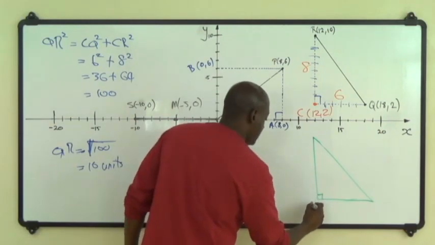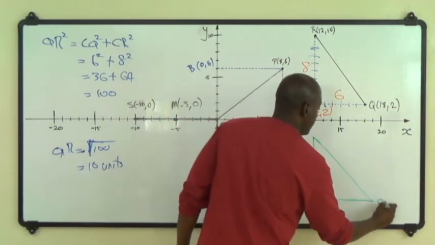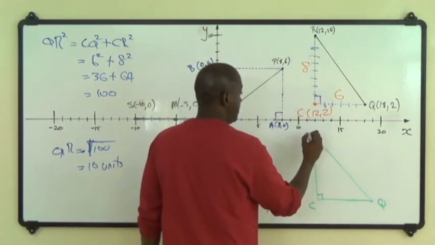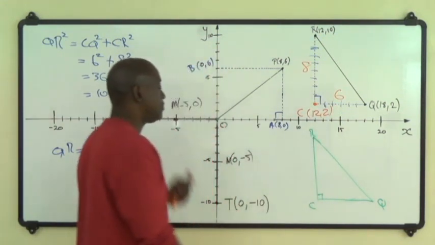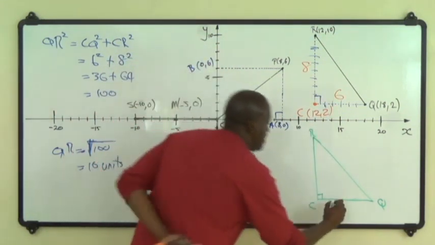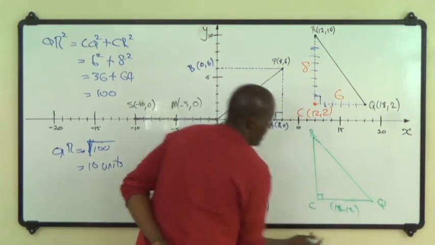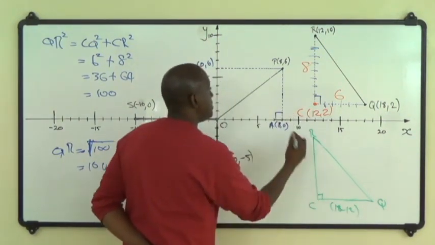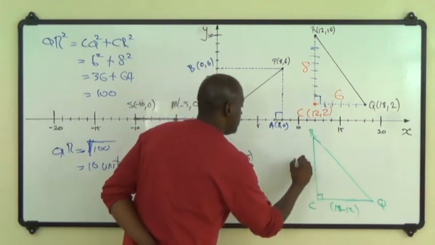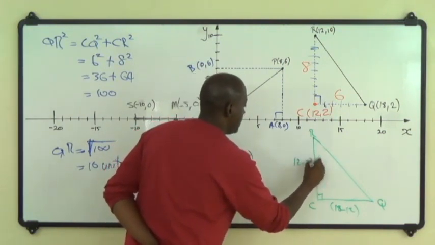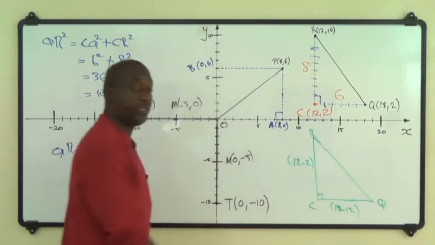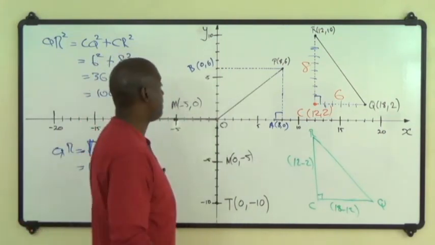So this is C, this is Q, and this is R. CQ is 18 minus 12, and CR is 12 minus 2. What's the importance of that? You'll see in a minute.